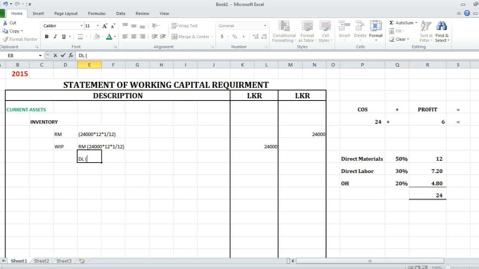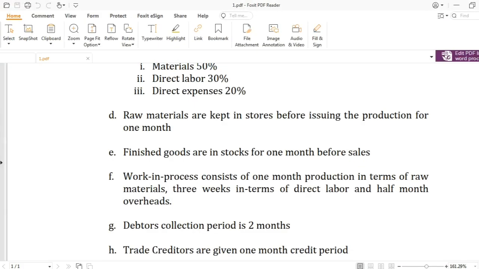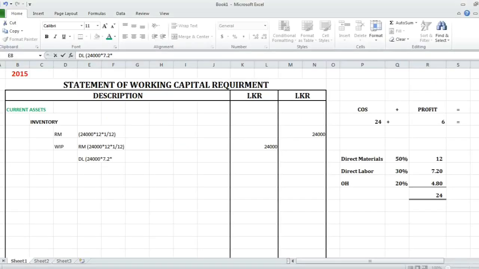Direct labor: 24,000 production units into direct labor per unit of 7.2 rupees into the period for direct labor in work in progress, 3 weeks in terms of direct labor, so 3 divided by 52.